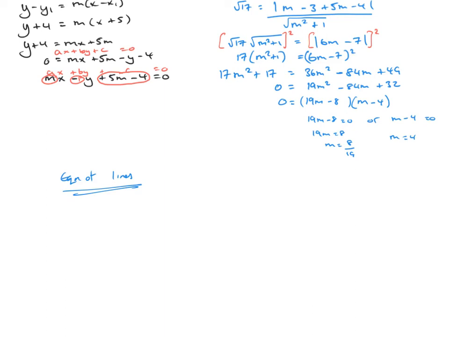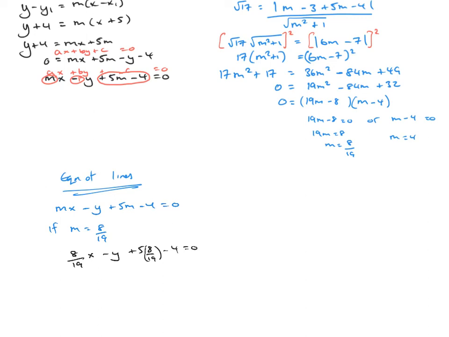And we can substitute directly into this here, where everything's in terms of m. Look, we've got mx minus y plus 5m minus 4 is equal to 0. So if m is equal to 8 over 19, we get 8 over 19 x minus y plus 5 by 8 over 19 minus 4 is equal to 0.